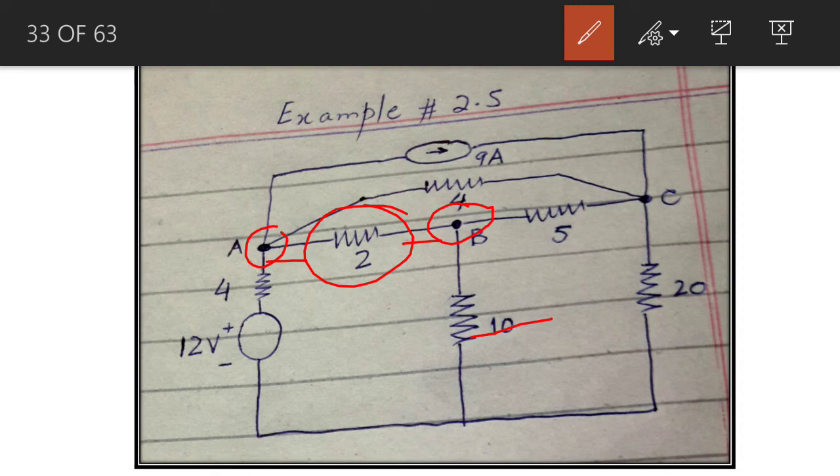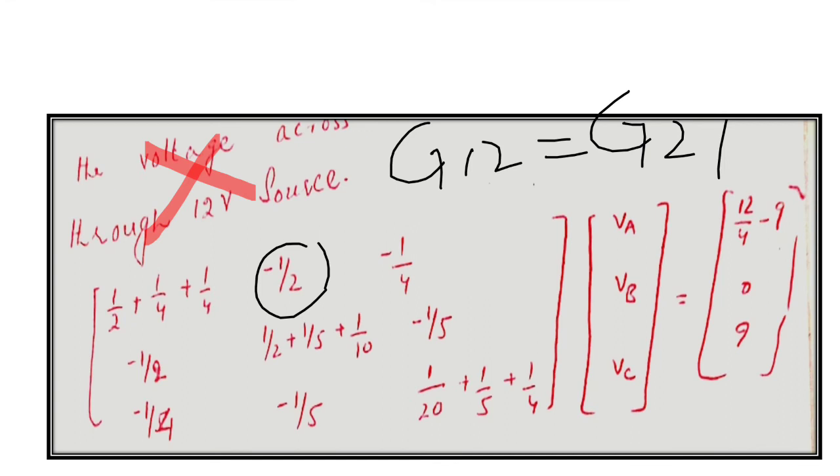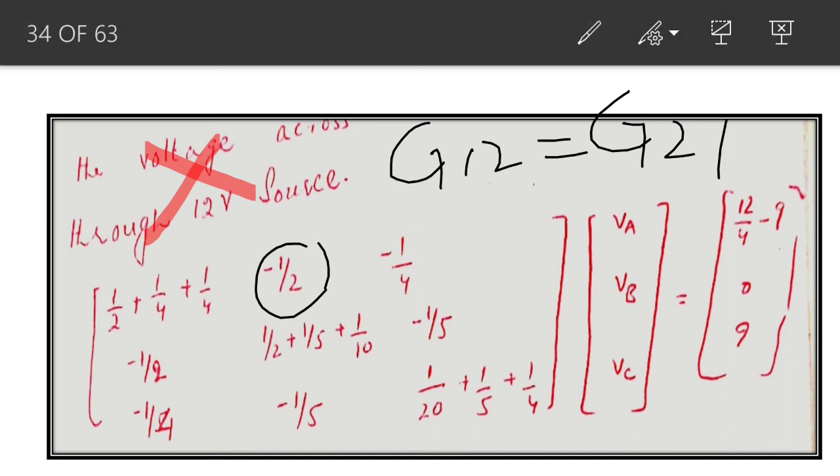So G12, which is always equal to G21, will be equal to minus 1 by 2, right?